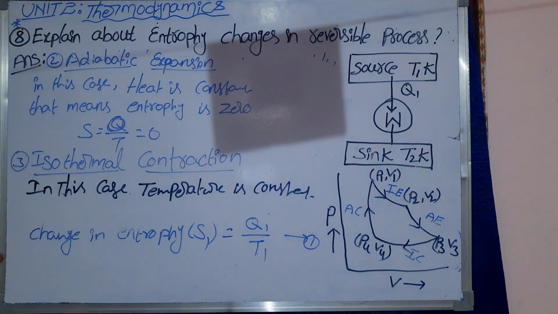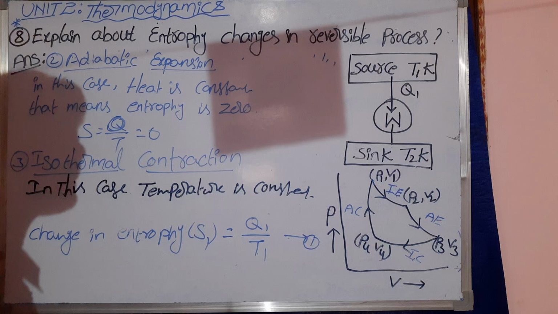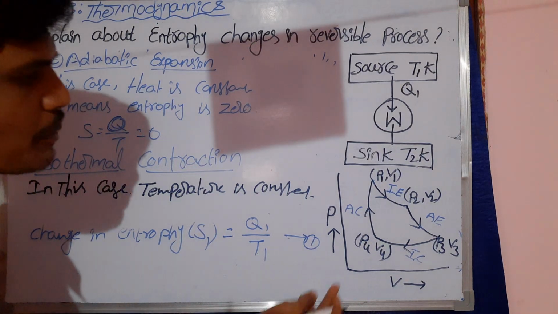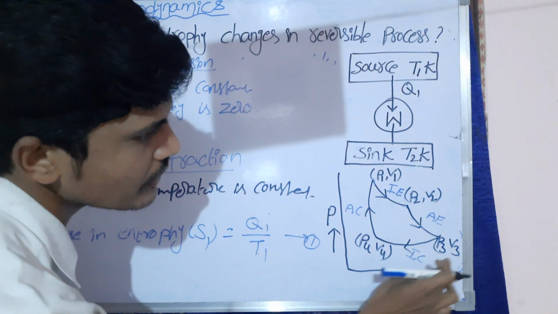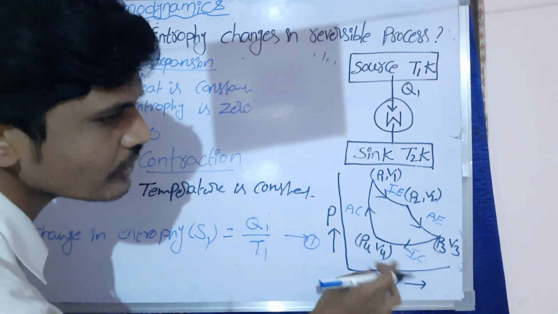Isothermal means temperature is constant. Remaining variables are changed: pressure P3 to P4, volume V3 to V4.